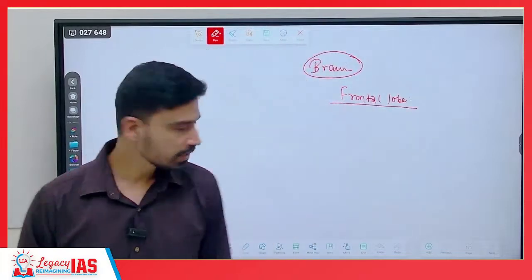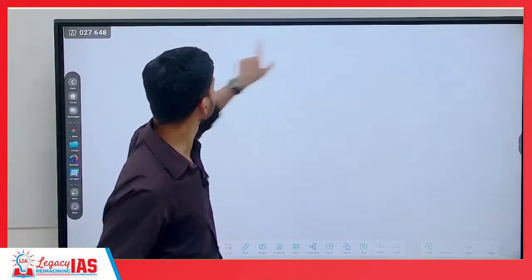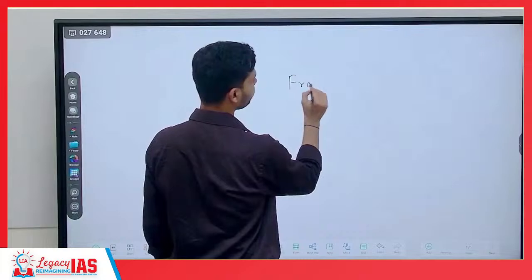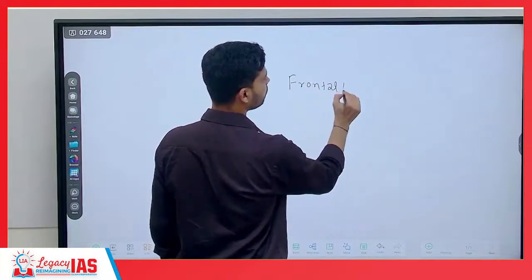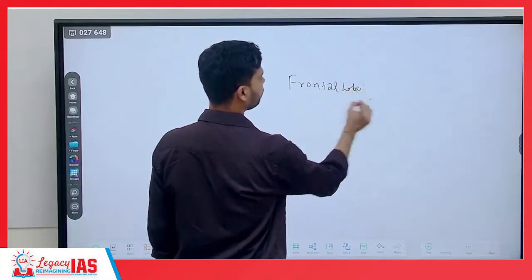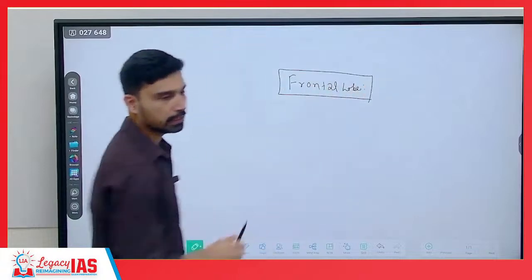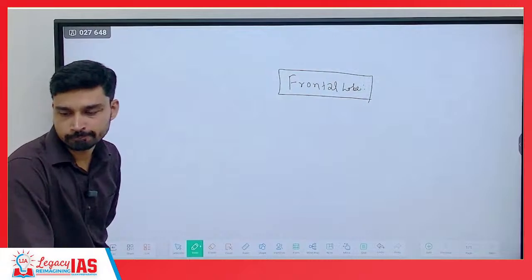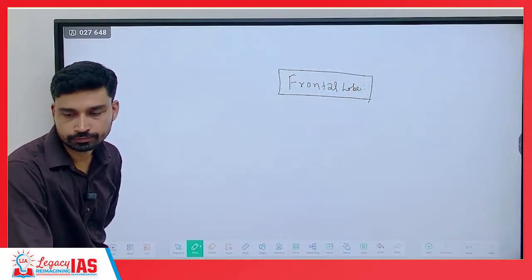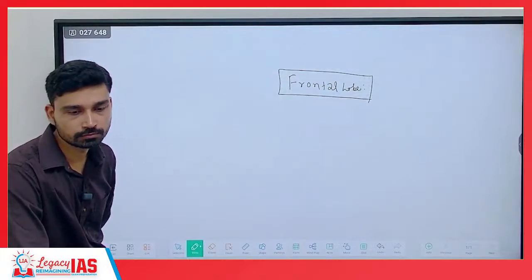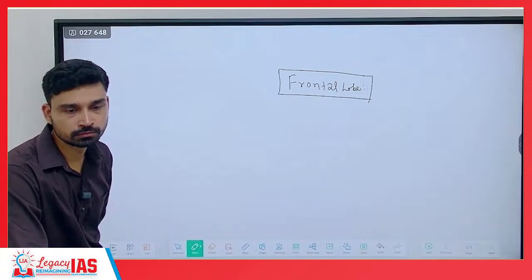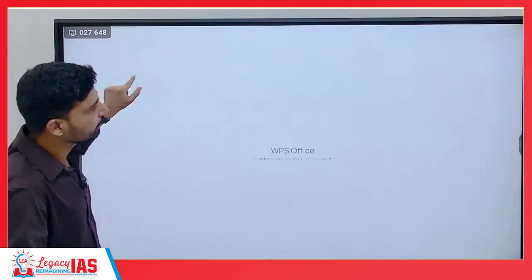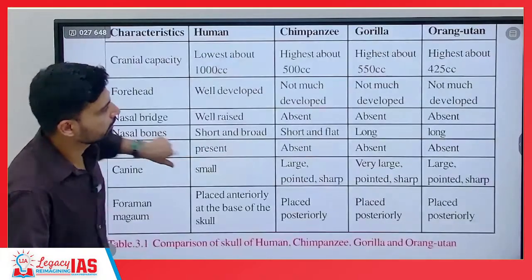The first difference we can elucidate is in the frontal lobe. First, we can also try to look at the brain anatomy to understand this better.